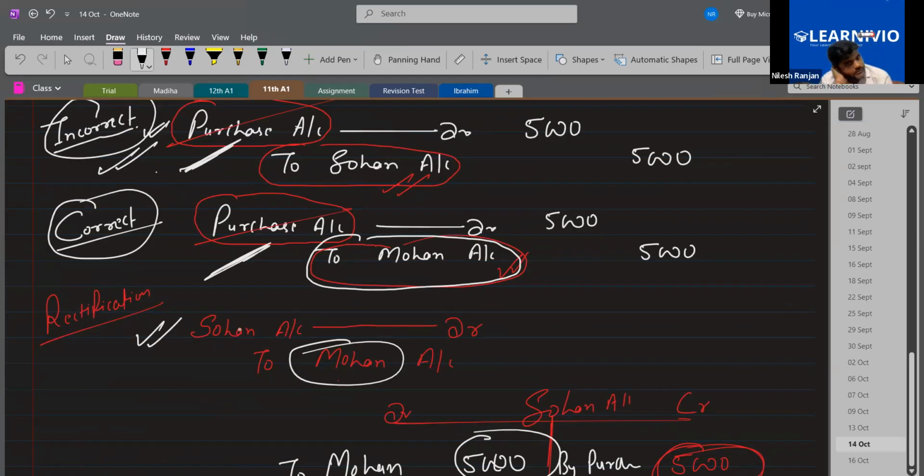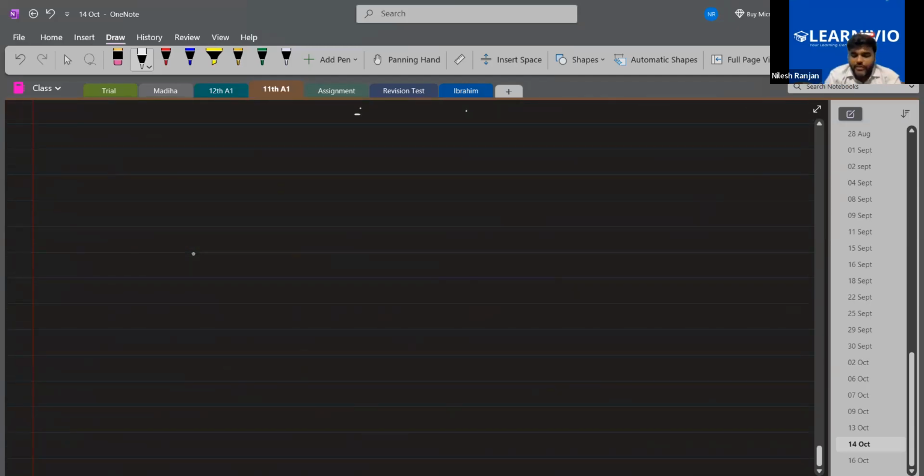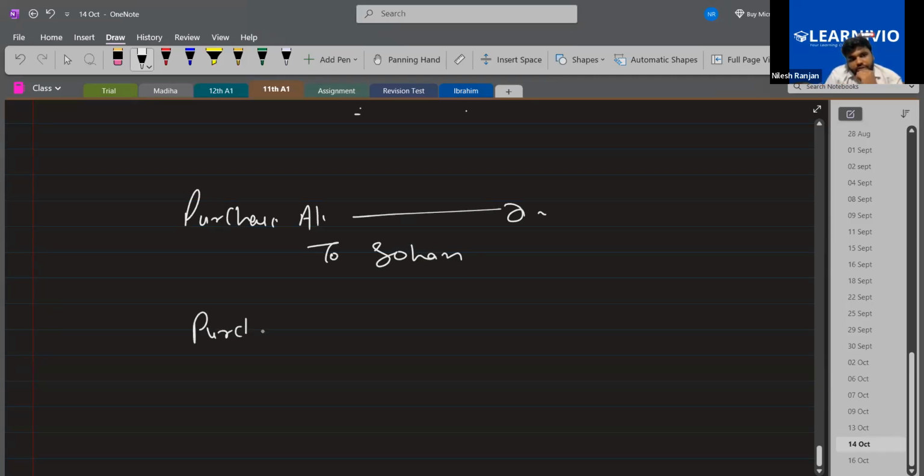Okay, fine. Now this cutting work that I did here, I will write it once again, and you will understand it better. Generally we cut the accounts which are on the opposite side, always. If we have to combine two entries, we cut those accounts which are the same but on the opposite side. So, purchase account debit to Sohan, and purchase account debit to Mohan.